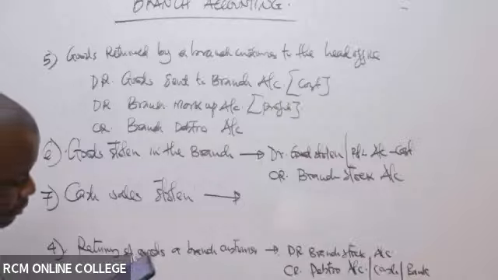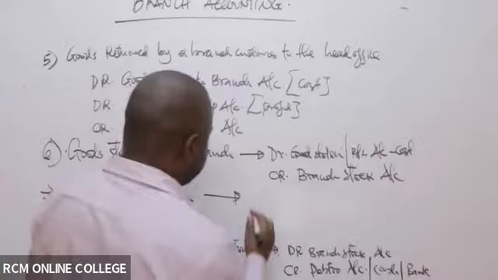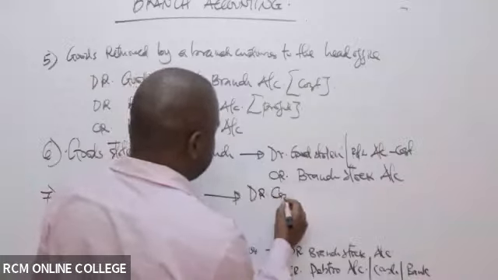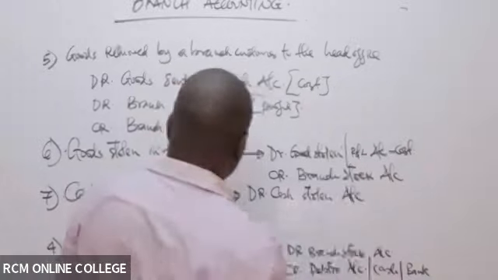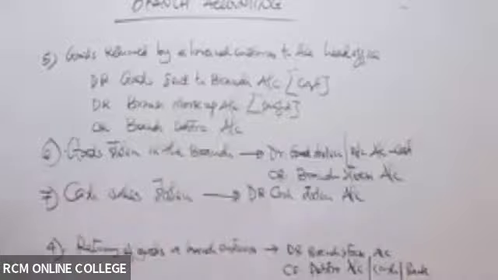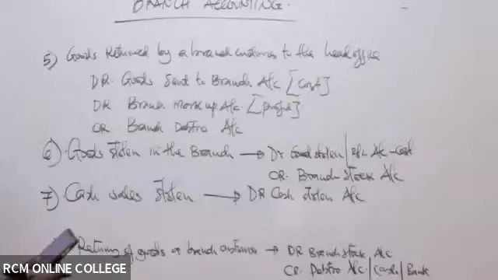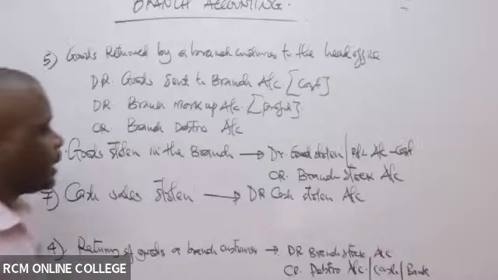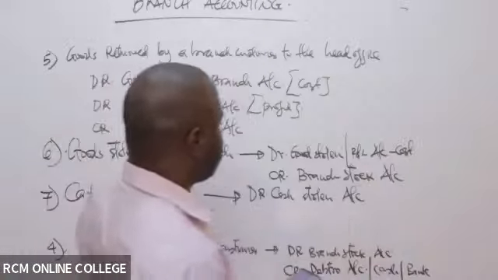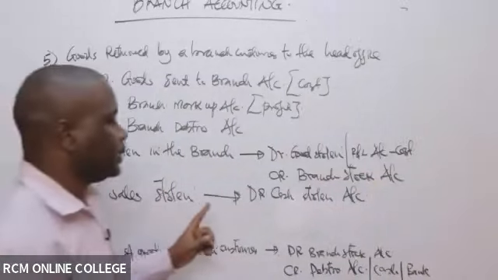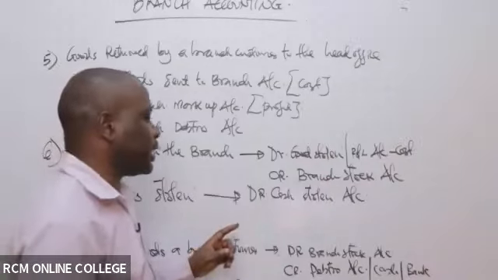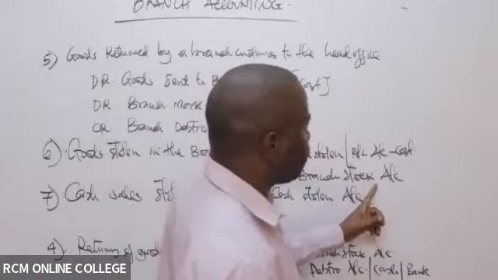So cash sales stolen from the branch. In this case, you'll debit the cash stolen account. Then simply because this would have been part of the inventory you would have ended up selling, these sales that you've lost, in terms of failing to sell, would have been part of the inventory you were supposed to be able to sell at the branch.